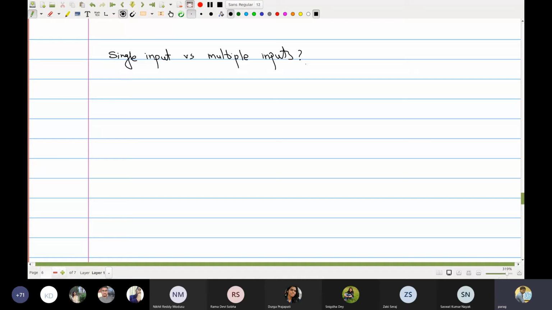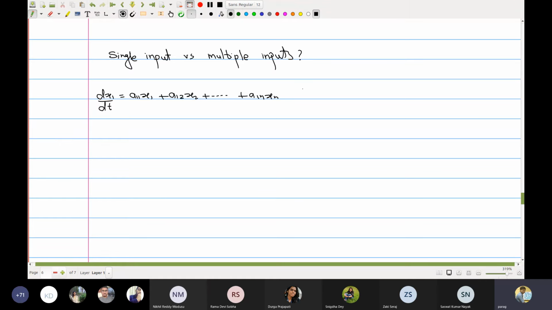So our conservation equations can be assumed to be in this form, that you have dx1 by dt equals a11 x1 plus a12 x2 up to a1n xn.